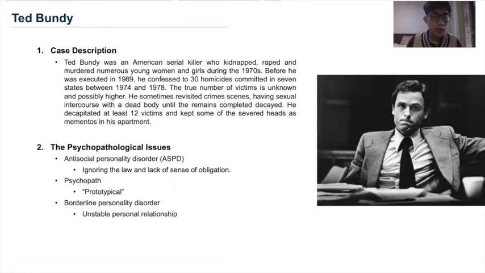Generally speaking, people who have ASPD usually have some very typical behavior traits. For example, they ignore the law and lack a sense of obligation. Of course, Ted Bundy had these traits mentioned above.